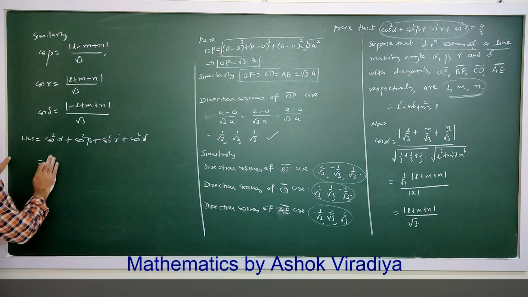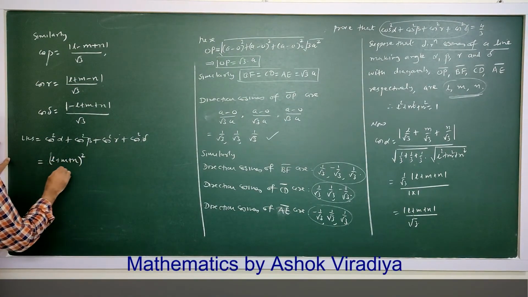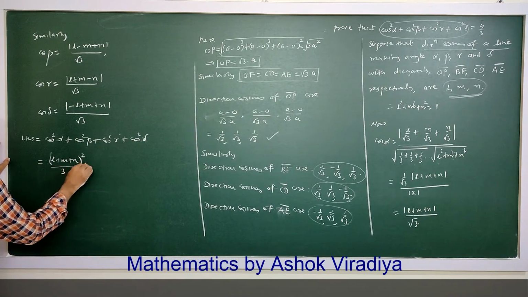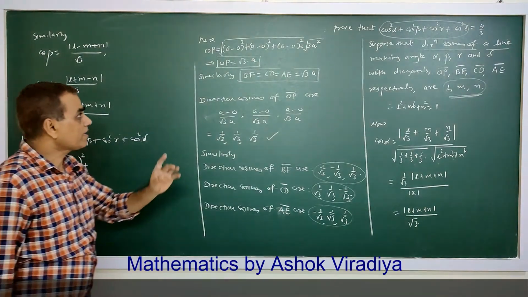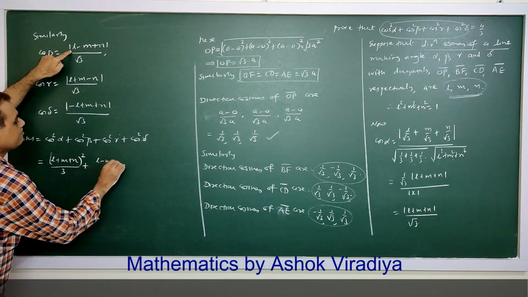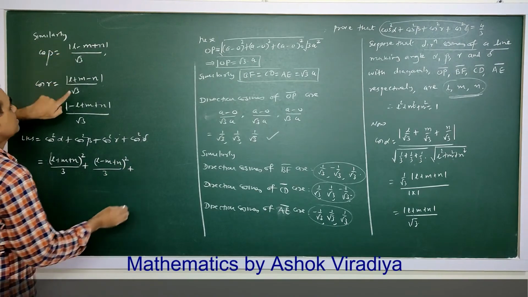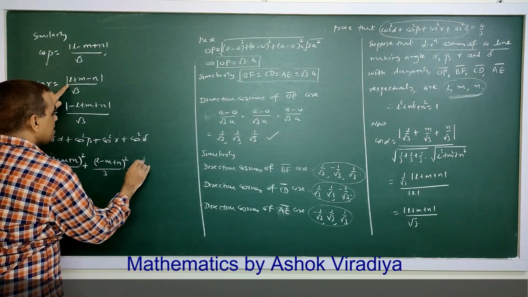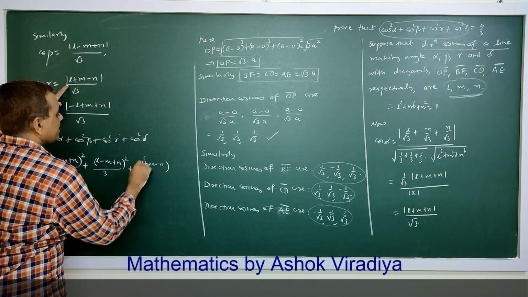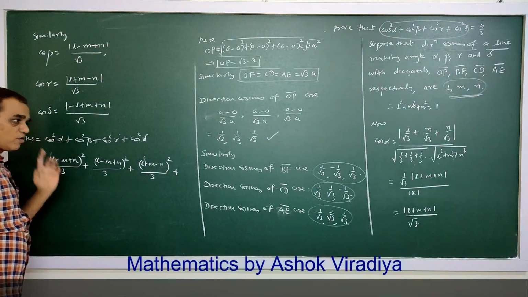That will be L plus M plus N whole square upon 3, plus cos square beta, the square of this number, L minus M plus N whole square upon 3, plus the square of this number, L plus M minus N whole square upon 3, plus the square of this number.